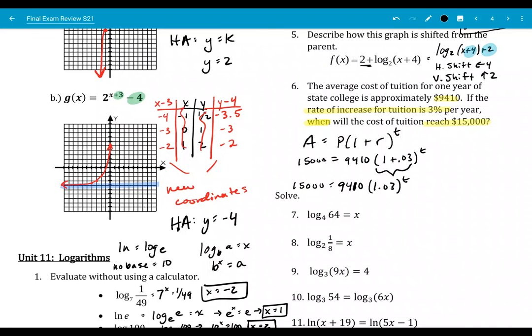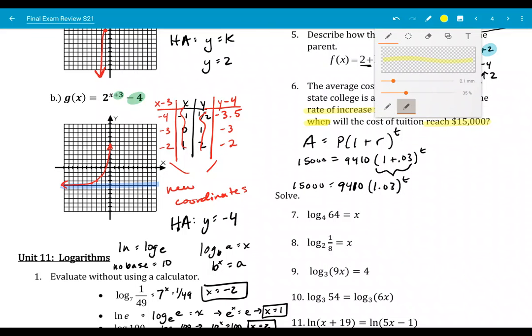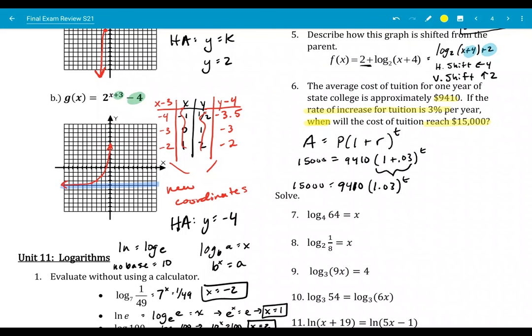In order to solve for t, I want to get that base by itself. I want the term with the exponent, which is 1.03, by itself.